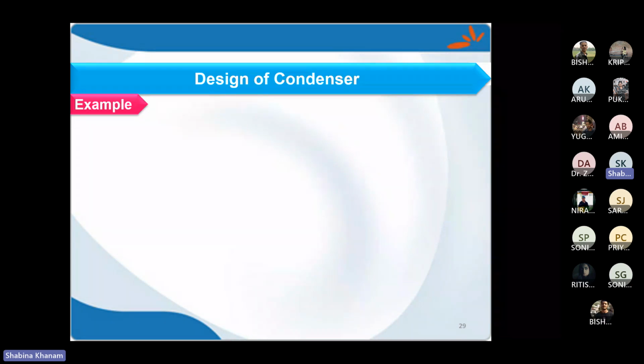And we further discussed the design of this condenser. As far as design is concerned, it is similar to shell and tube heat exchanger, except the heat transfer coefficient computation wherever the condensation is occurring, either shell side or tube side, horizontal or vertical. So that we have discussed.